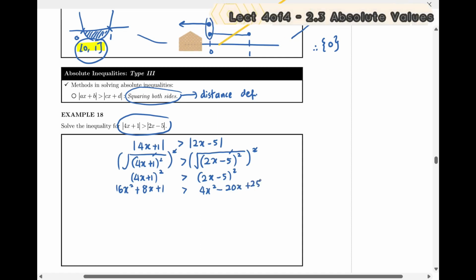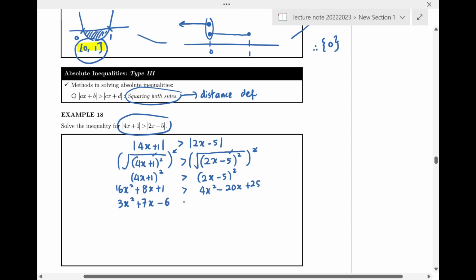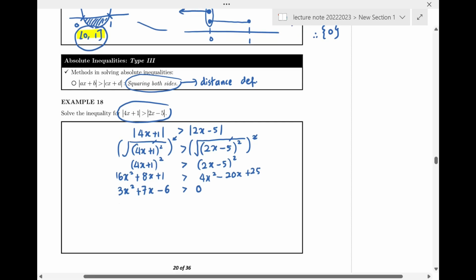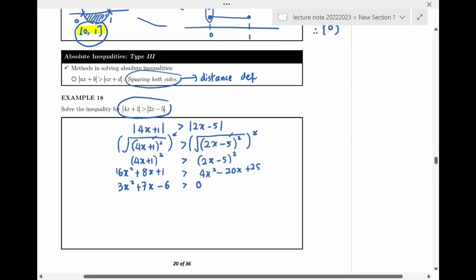So simplify this until we get 3x squared plus 7x minus 6 greater than 0. Here of course we have again the quadratic inequality. Quadratic inequality, what do we do? We have to make sure the x squared is positive.